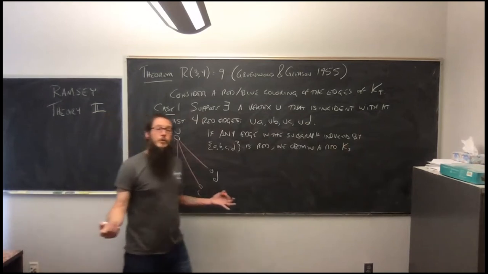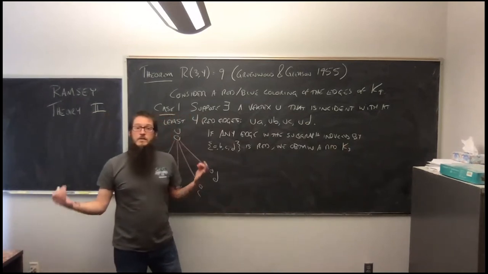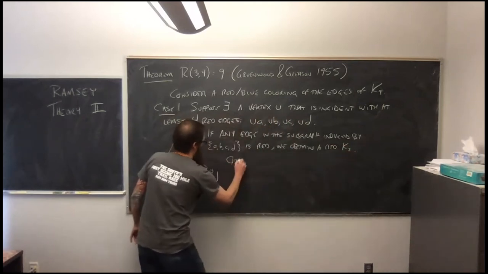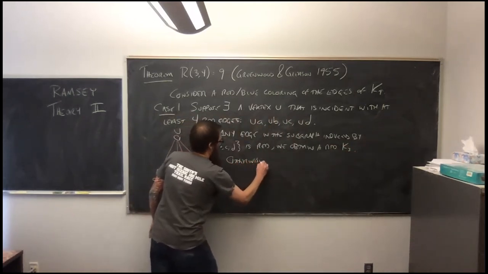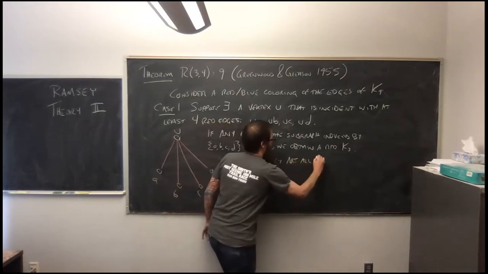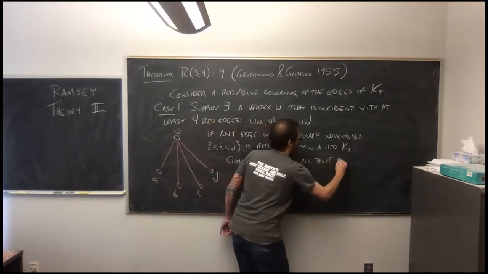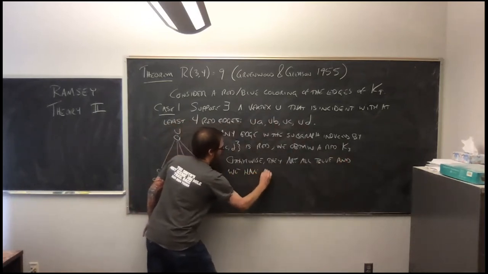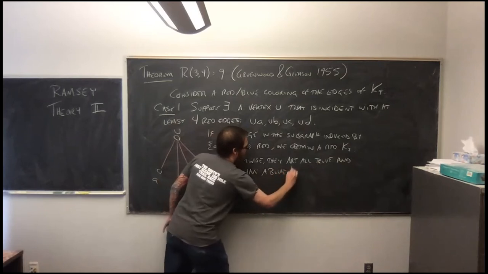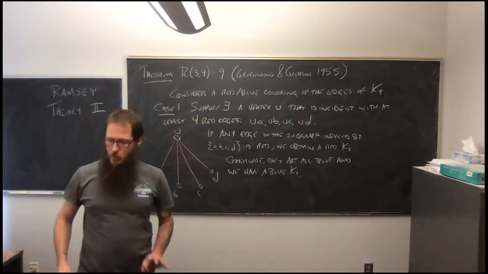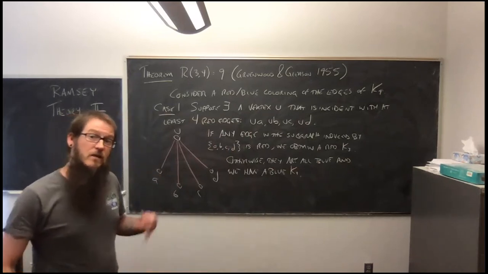Otherwise, they're all blue, and then that subgraph is a blue K4. So that takes care of this case. In this case, we know the result is going to be true. Let's take a look at another case.